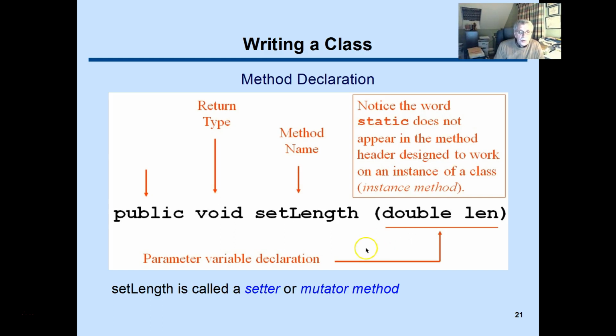So let's piece it together here. We'll say public, there's our access specifier. Then the return type. We've already talked about methods in previous opportunities to work with Java. So this is not new to us. And then we have the method name and then the parameter list. So we're defining what the parameters would look like. We're going to have a single parameter here called len, and it's going to be of type double.